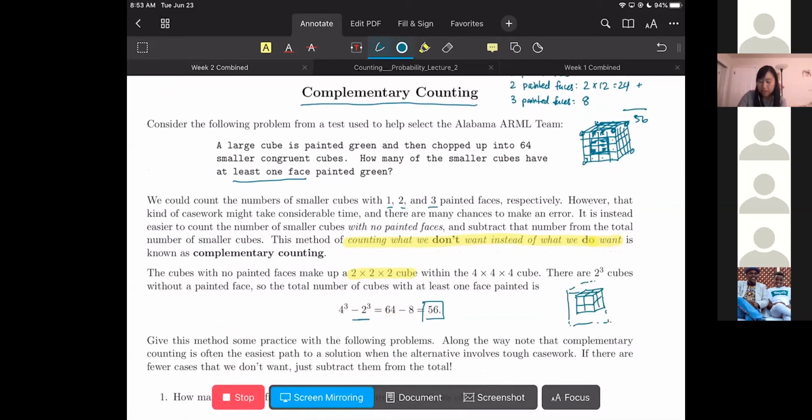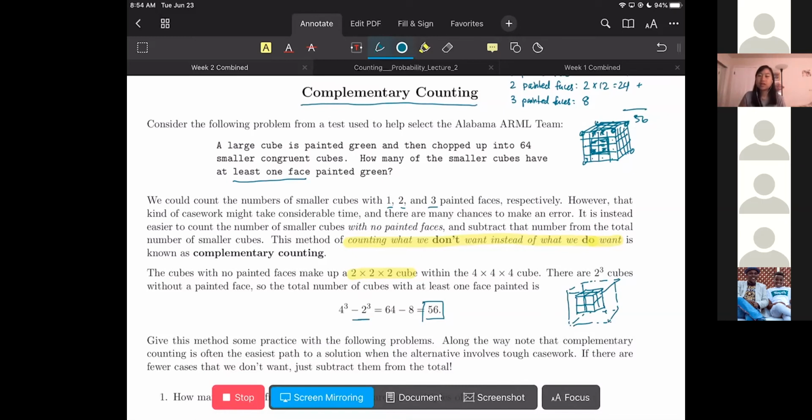Because we've painted all the outside, and so any of the outside cubes will have at least one face painted. And so the only cubes that don't have any faces painted are the cubes in the very center of your larger cube. And so that is a 2 by 2 by 2 cube. Okay, thank you. Yeah.